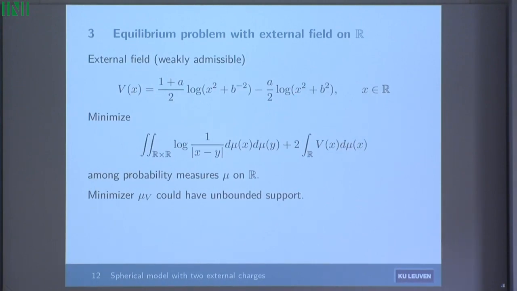This is like log x squared. It grows just like log x as x goes to plus infinity, and log of modulus x as x goes to minus infinity. This is only a slow growth at infinity. This is called a weakly admissible external field. Typically one asks for a faster growth at infinity, and then the equilibrium measure will have a compact support.